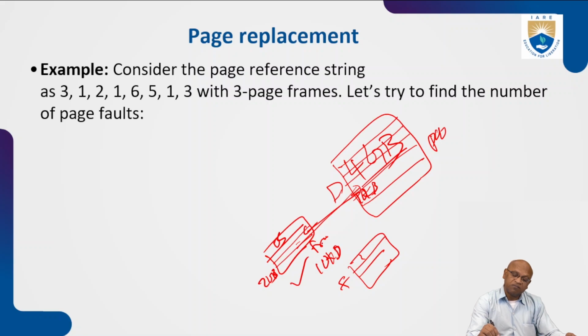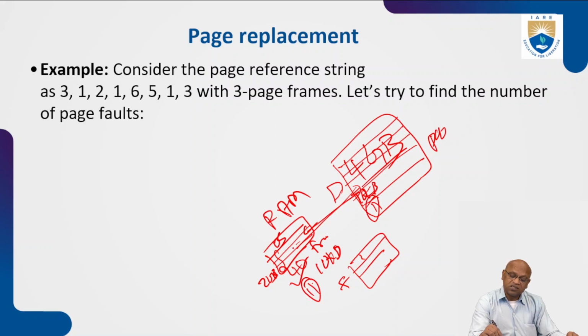After seeing the 10 pages, we want to see the 11th page. The 11th page is available in the hard disk, so it should be brought into the RAM, our main memory. But there is no place in the RAM, because all the available space is already occupied by the first 10 pages from the hard disk.